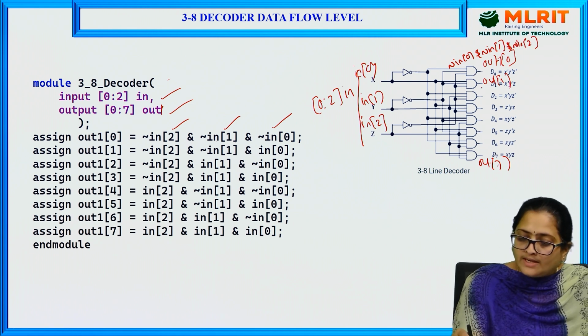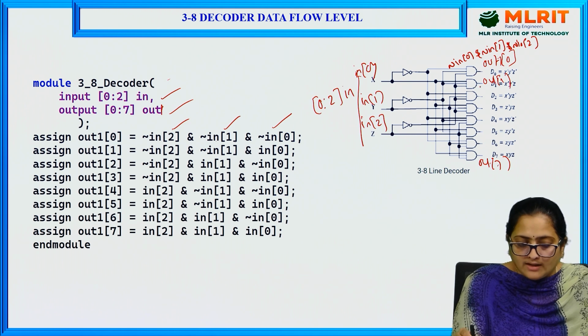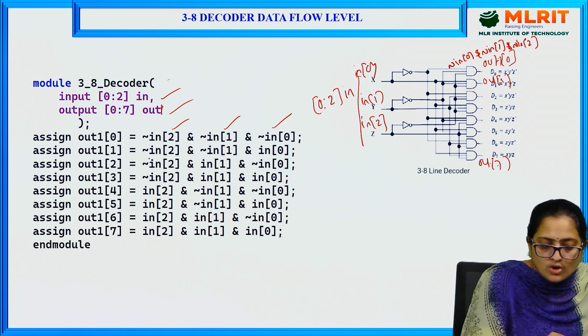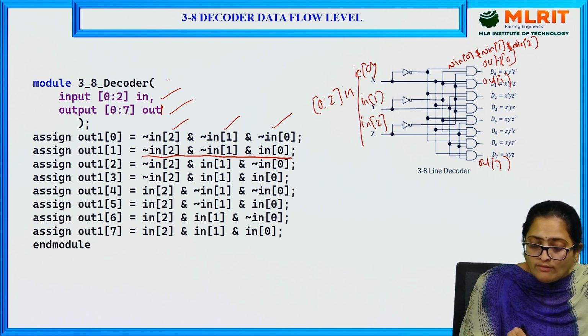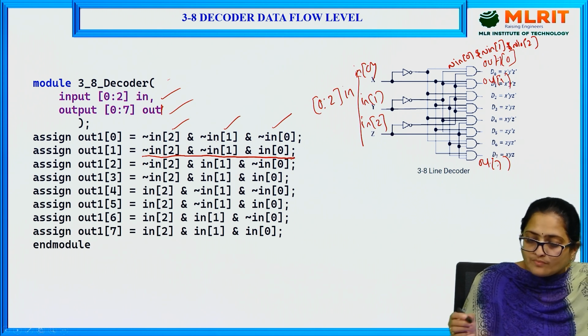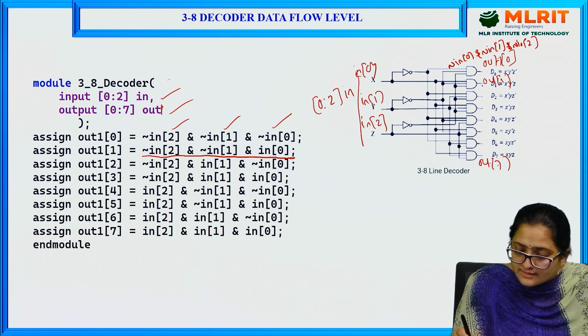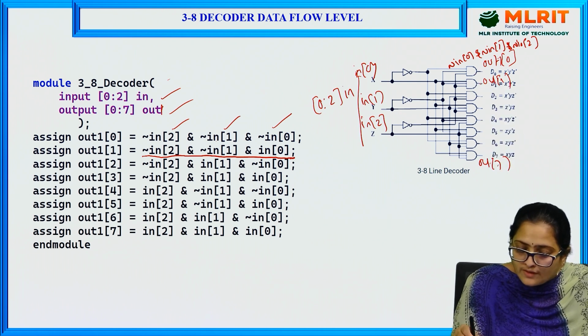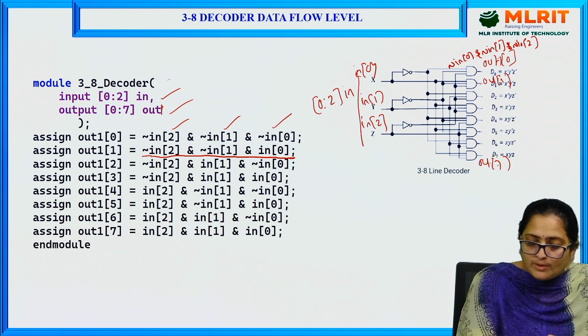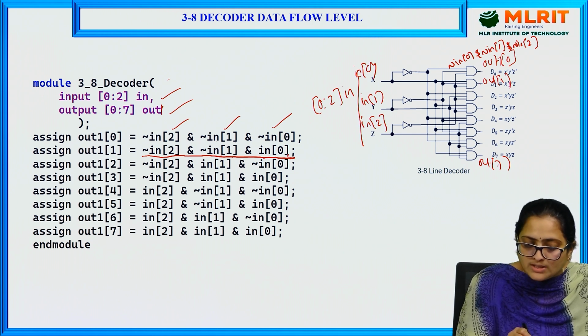And the second output of this AND gate is given with the complement of IN2, the complement of IN1 and IN of 0.